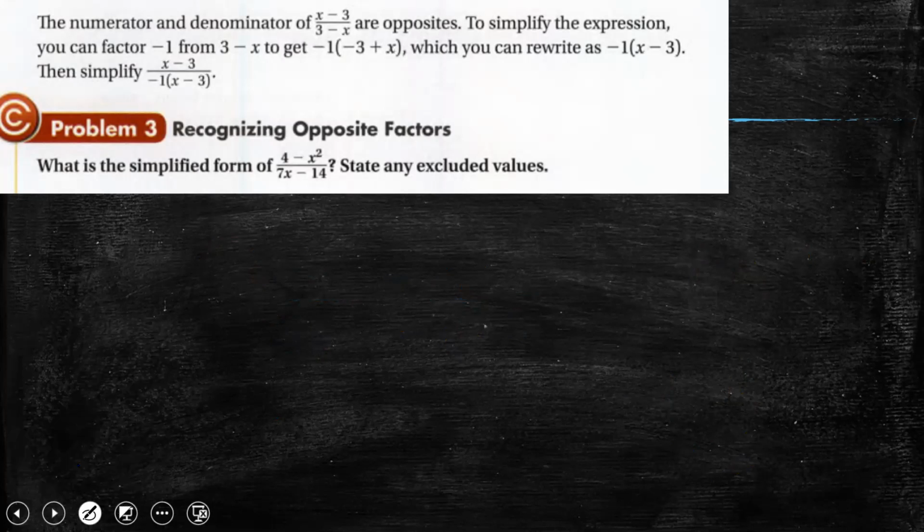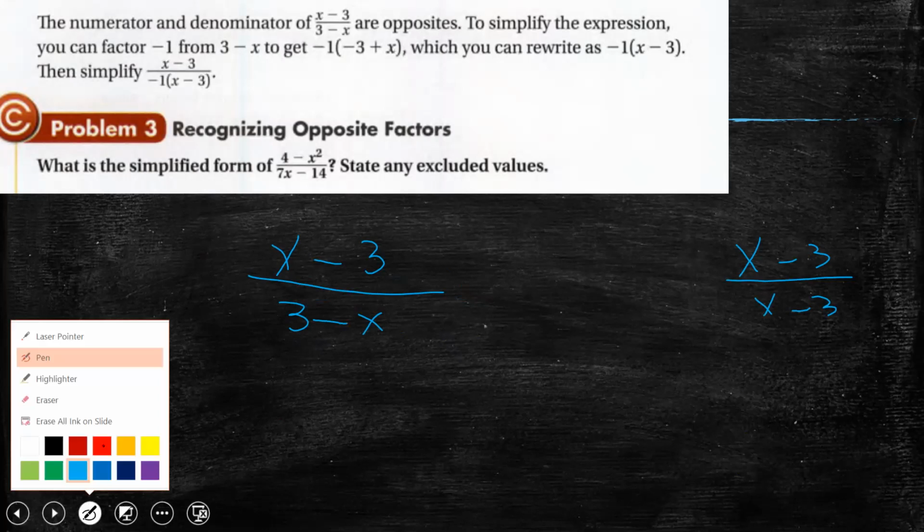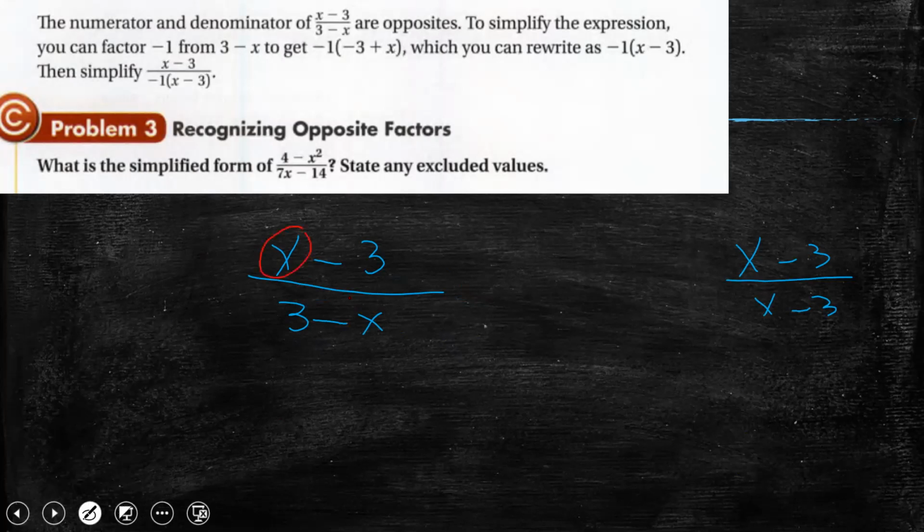Now I will repeat it for you. If you have x minus 3 and 3 minus x, and you want to simplify them, you'll tell me, teacher, it's not like x minus 3 over x minus 3. It's not the same, so we cannot cancel them. But if you look at x here and here, you will find that they are opposite. One is positive and one is negative.